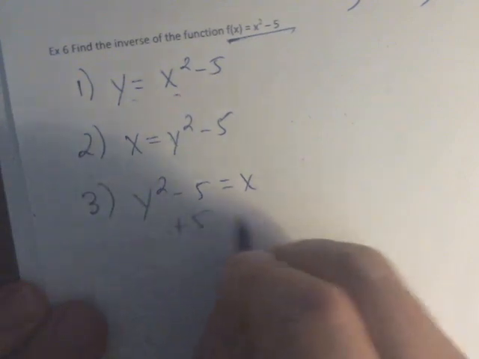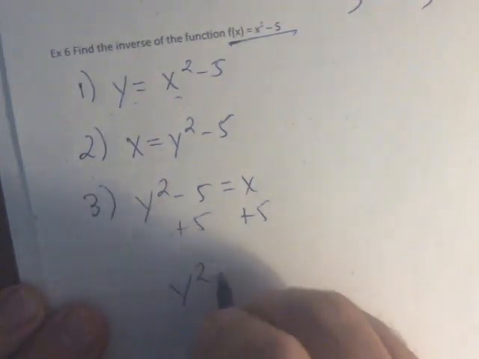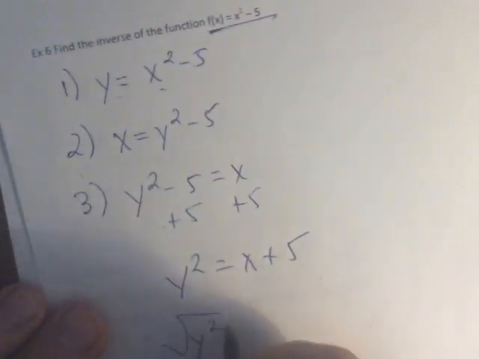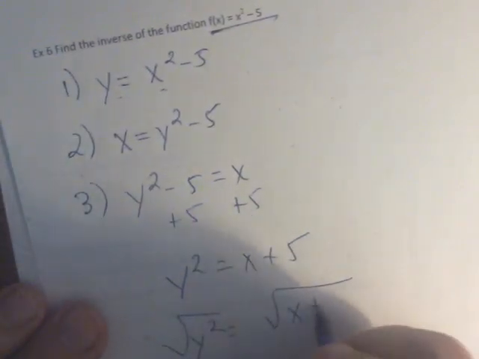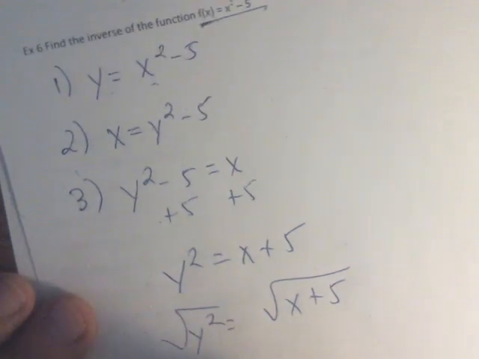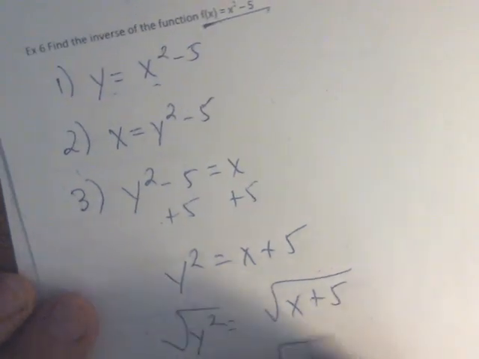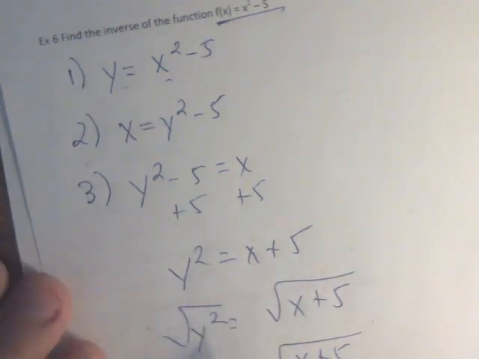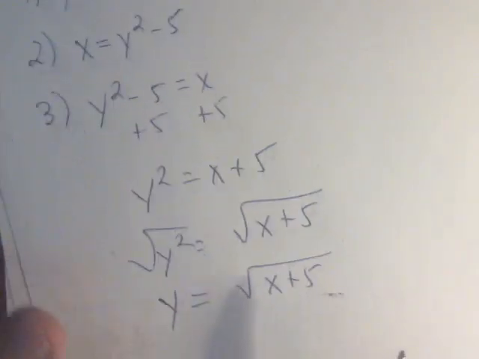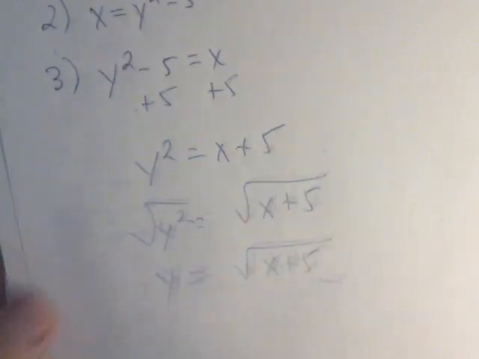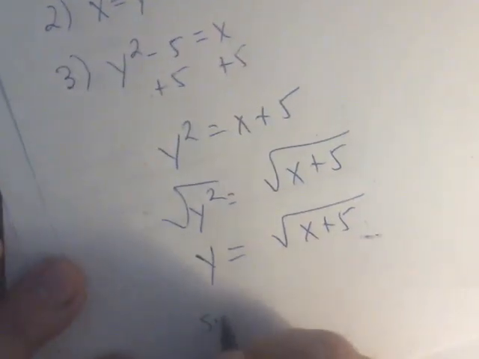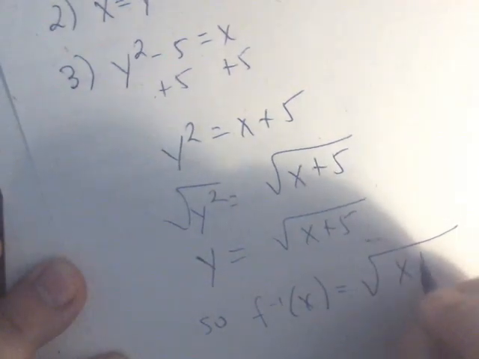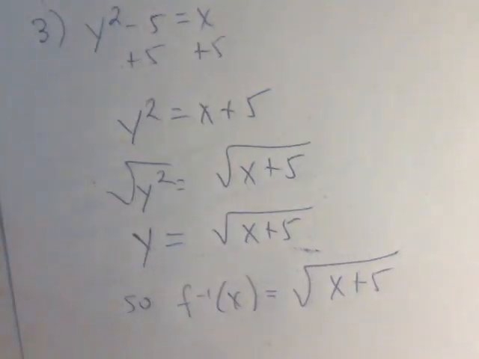So I'm going to add 5 and take the square root of both sides. And we don't worry about plus and minus here. This is just the process we're using to get to the inverse. So f inverse of x here is the square root of x plus 5.